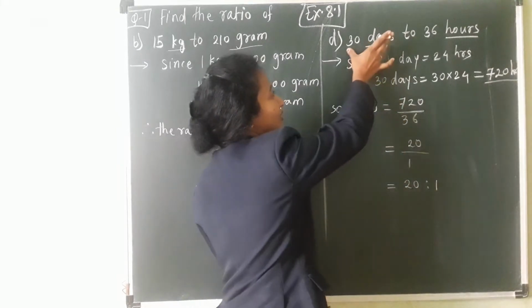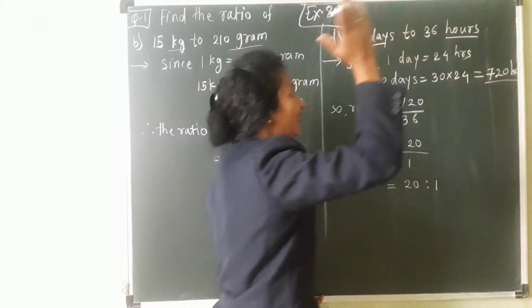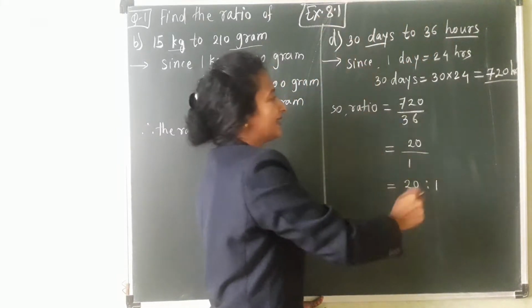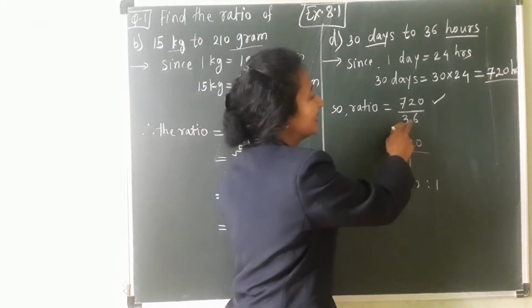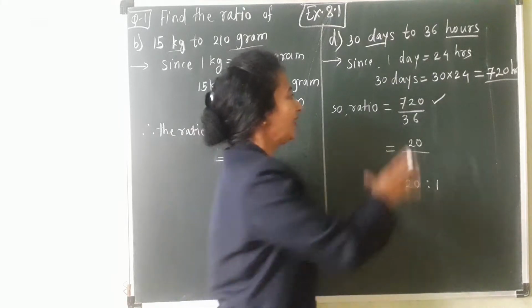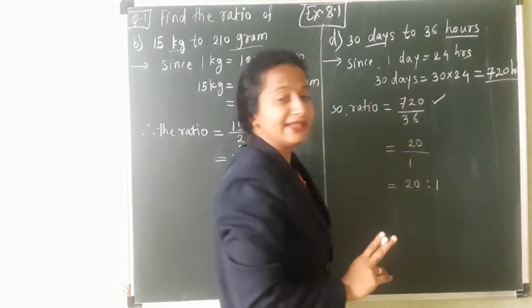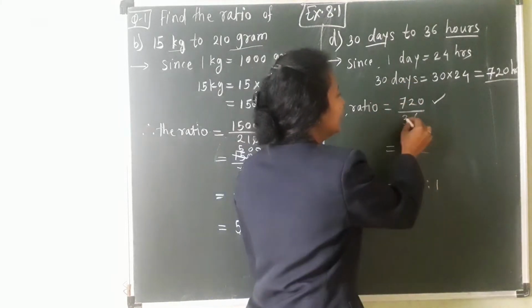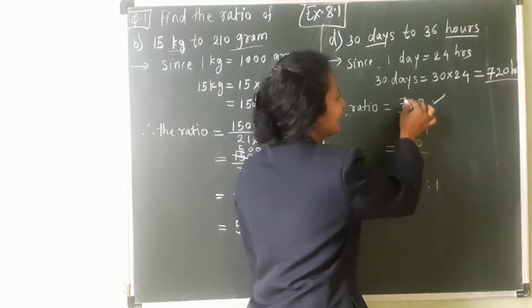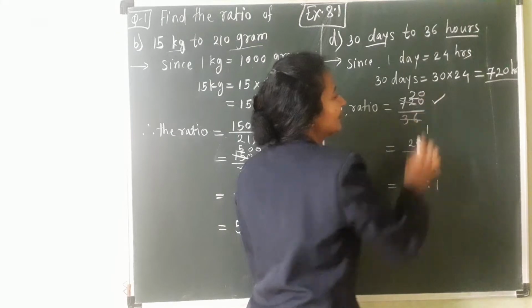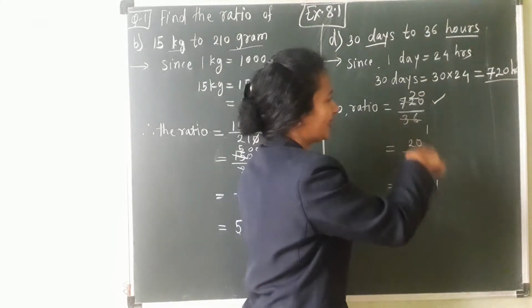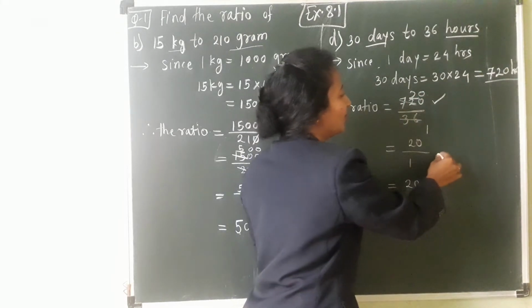We have to find the ratio of 30 days to 36 hours, and 30 days means 720 hours upon these 36 hours. Now can we divide both numbers? Yes. 36 ones are 36, 36 twos are 72, and this 0 as it is. So what answer did we get here? 20 upon 1.